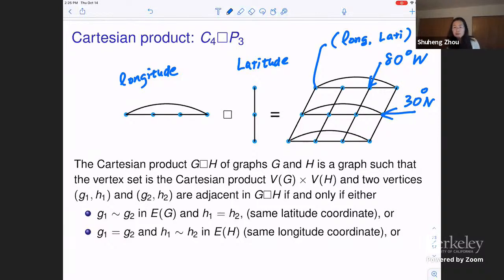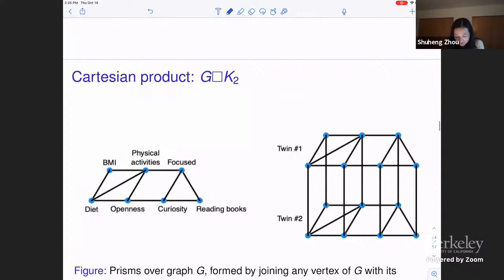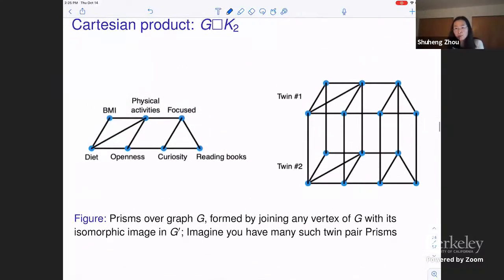So the Cartesian product is a lot sparser than the Kronecker product graph. And this is very attractive in the sense that we can model some of the conditional dependency relationships in a parsimonious way. For example, let's go back to the study of twins.